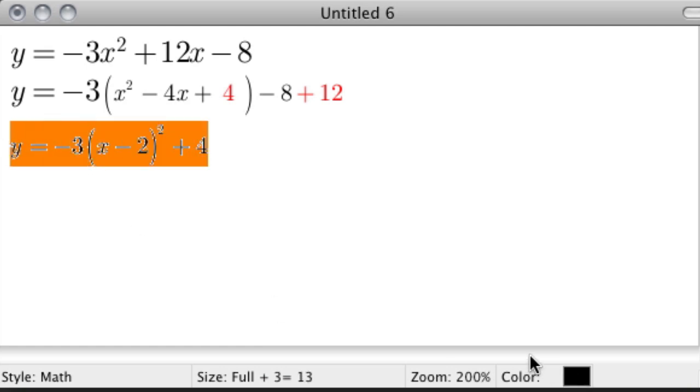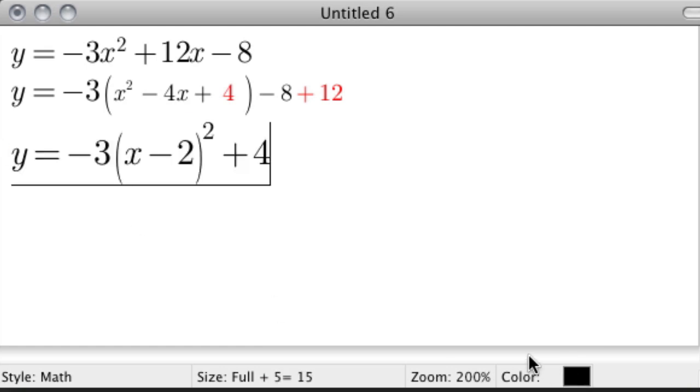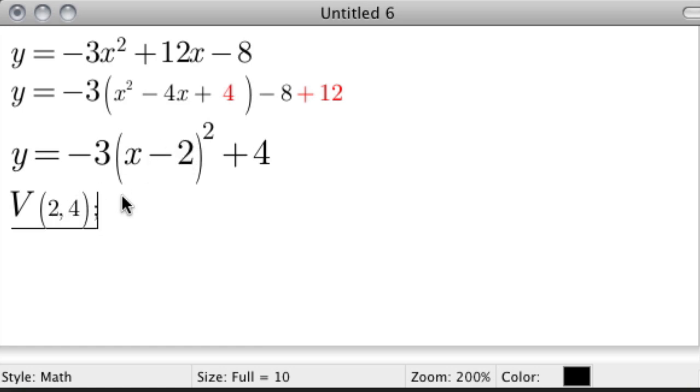So I think my parabola has a vertex at 2, 4. Again, watch the sign on the x-coordinate because that's negative. That stays positive 2, positive 4. My minimum is my y-coordinate, which is 4. And it's at x equals negative 2.